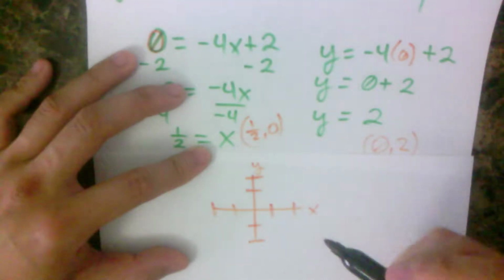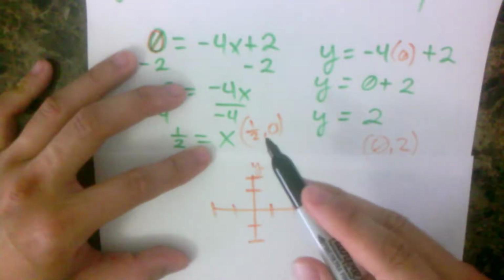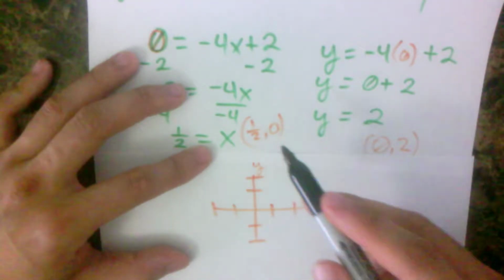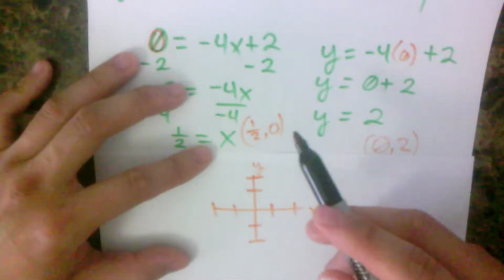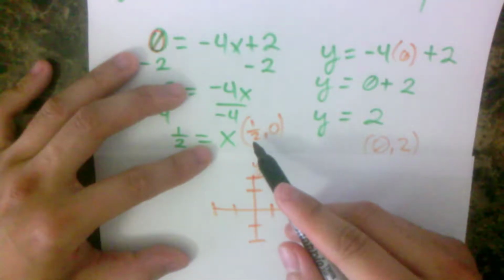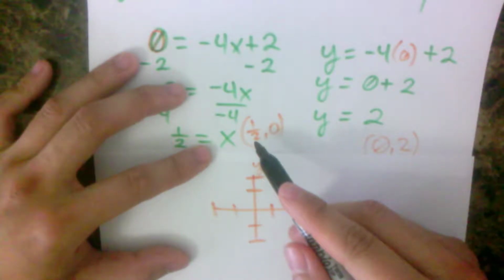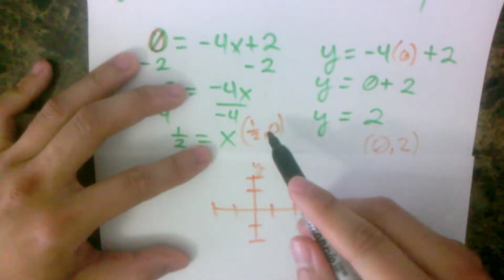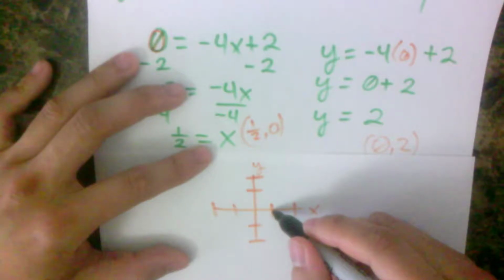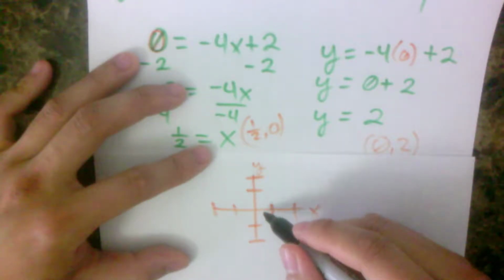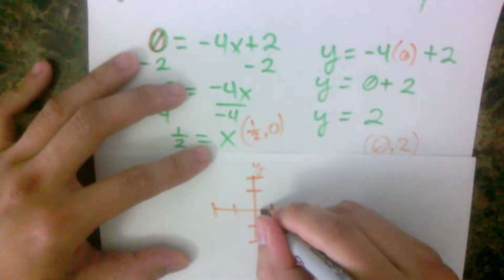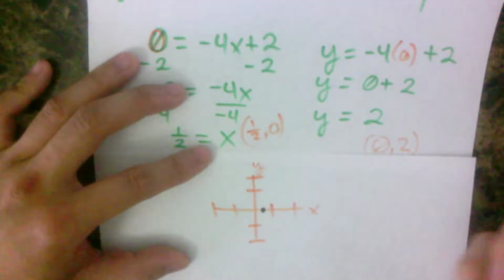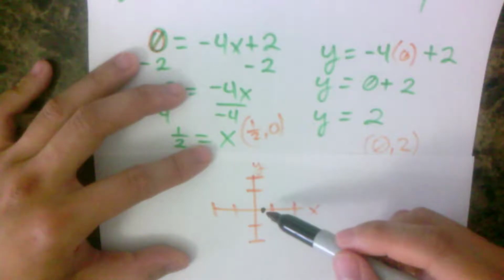Whenever you get a fraction for any of your answers, and I'm going to try to avoid them on the real test, you can graph it by estimate. You know that this is 1/2 on the x, so it's not quite 1, it's halfway there. So we go halfway, and then 0. We're not going to go up and down at all, so we graph it right here. That would be about 1/2.